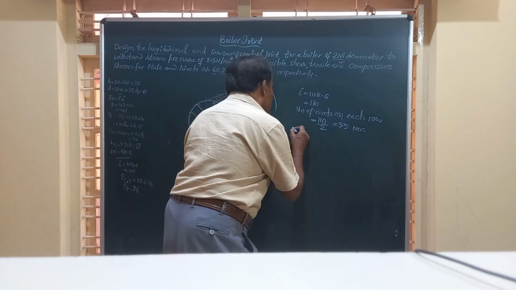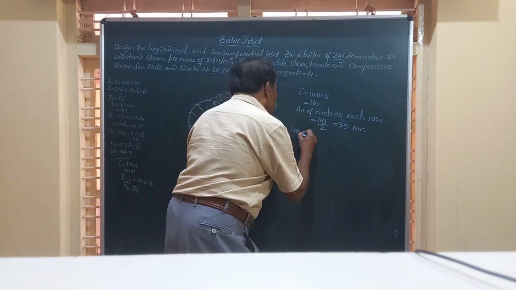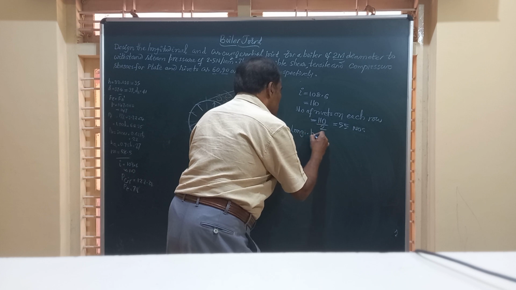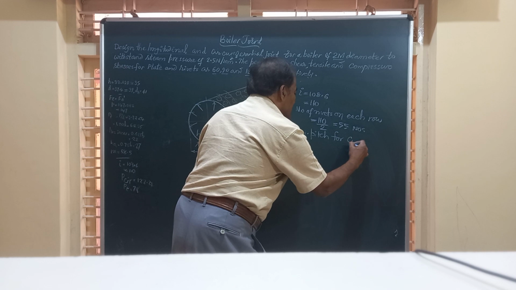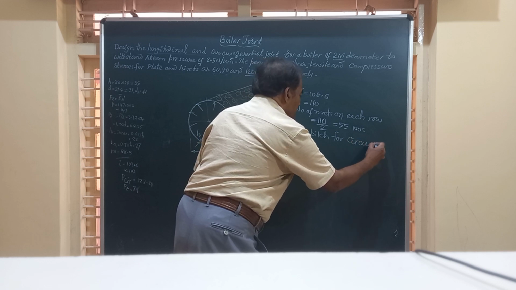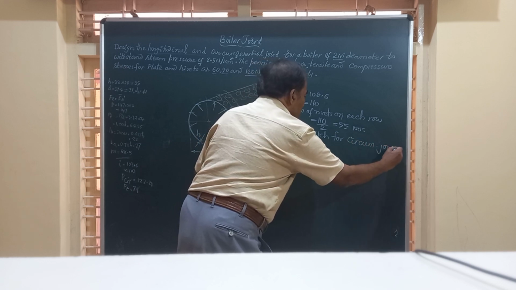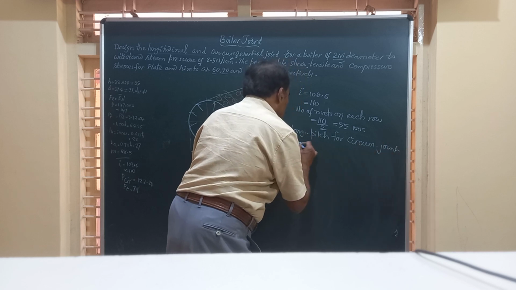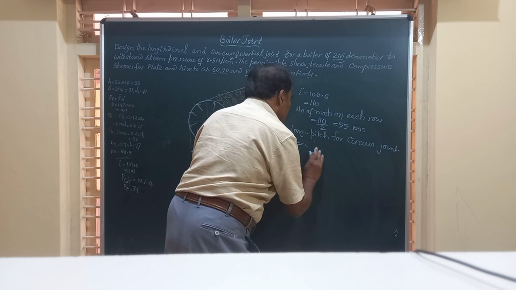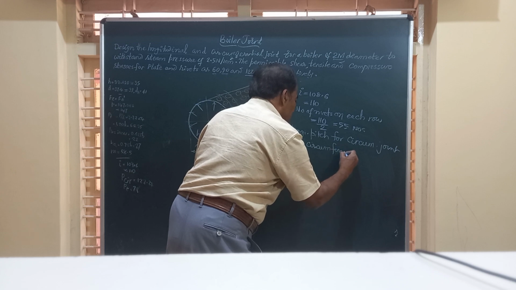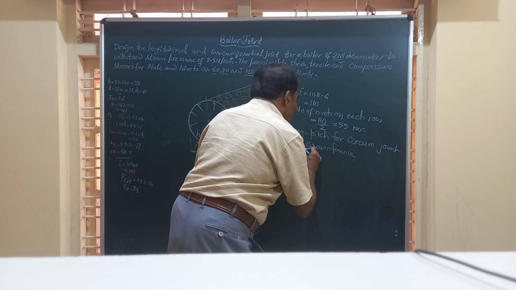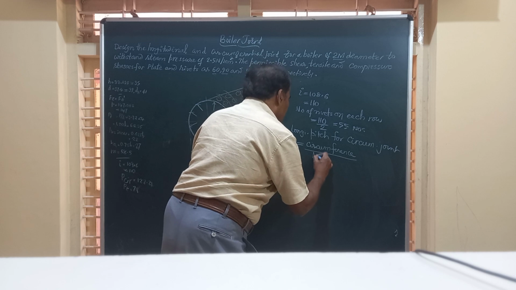So we can say the longitudinal pitch for the circumferential joint is equal to the outer circumference, that is the circumference at the outer surface, divided by the number of rivets.